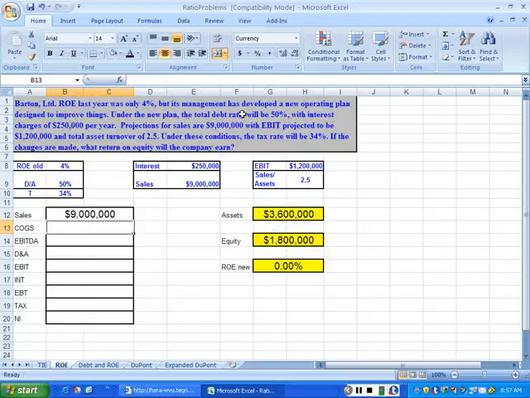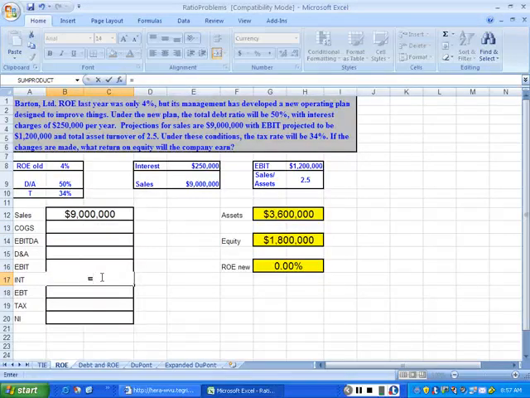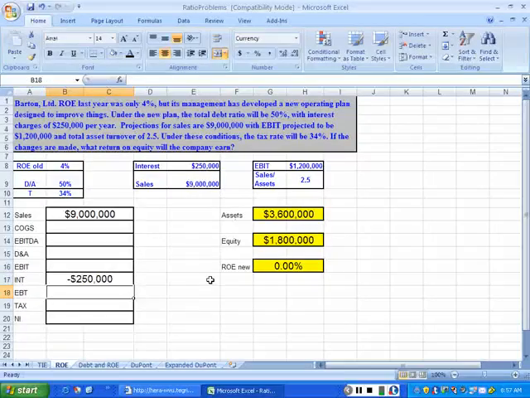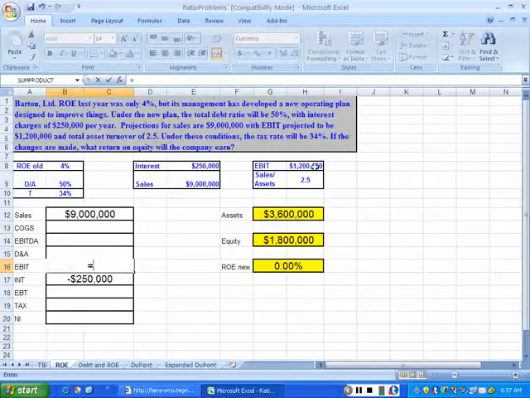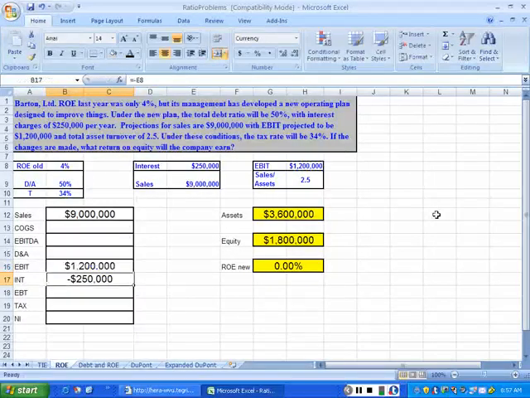Here we've got interest charges are going to be $250,000. So when we look in here at what the interest expense is going to be, since we're going to have that as an expense, we'll have in here $250,000. Our EBIT, earnings before interest and taxes, is given here at $1.2 million.